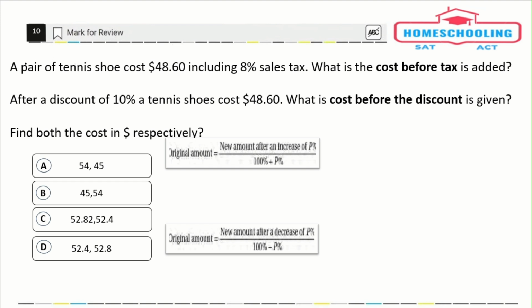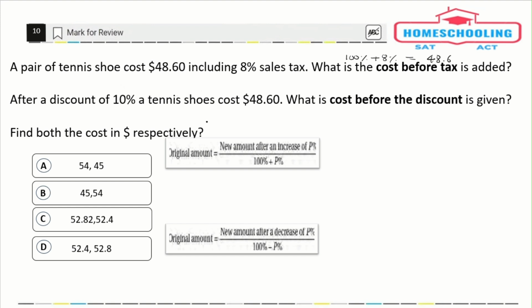See, in the first part of the question, a pair of tennis shoes costs $48.6, including 8% sales tax. What is the cost before tax is added? So let's take it that some 100% was there, and we added 8% sales tax there. Then after adding sales tax, its value is $48.6.